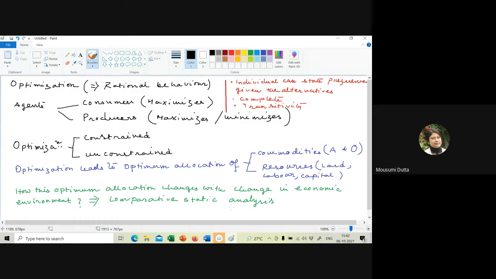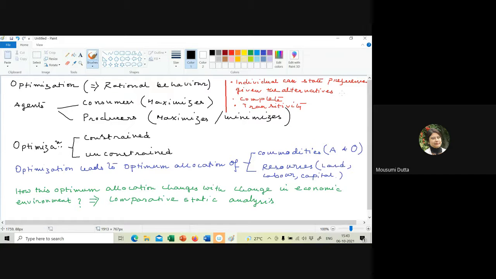Now, if I equate optimization, that is maximization or minimization, with rational behavior, implicitly we are assuming that the individual can state preferences given the alternatives. So if you are given a basket of fruits, you will be able to identify which of the two or which of the three will give you most satisfaction.